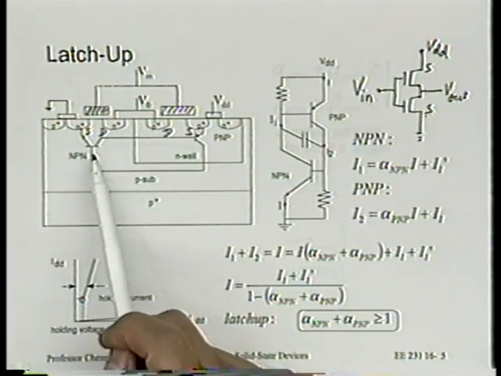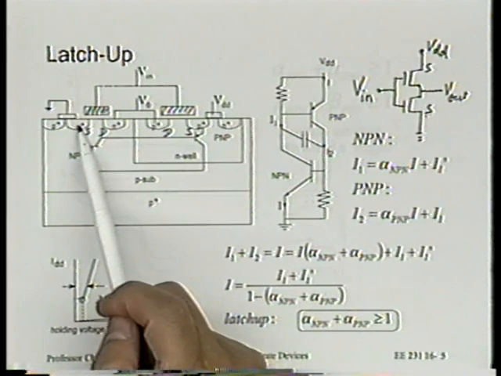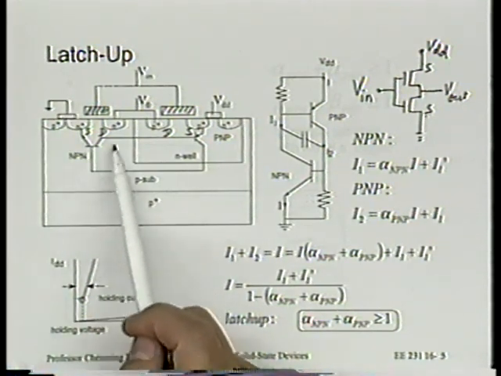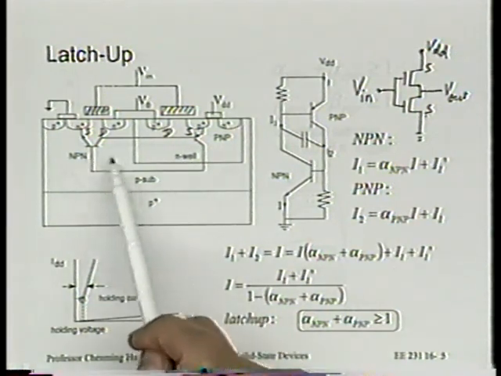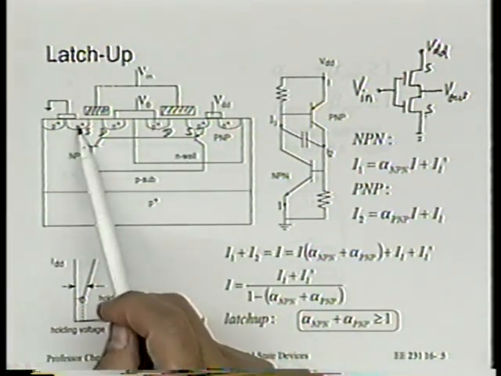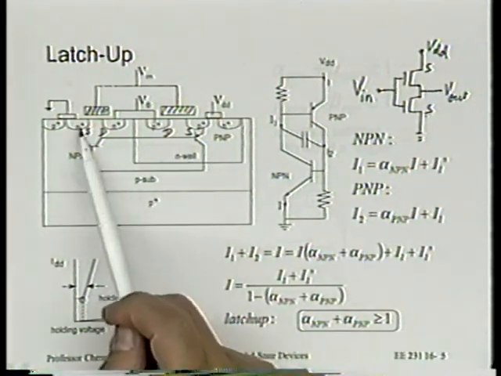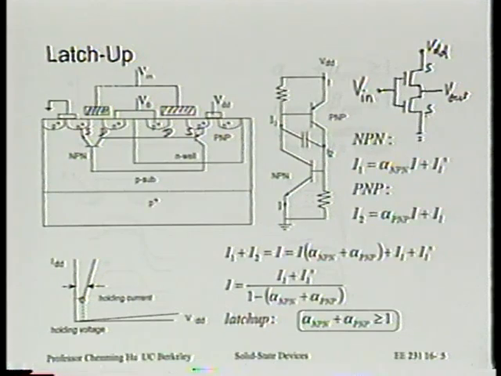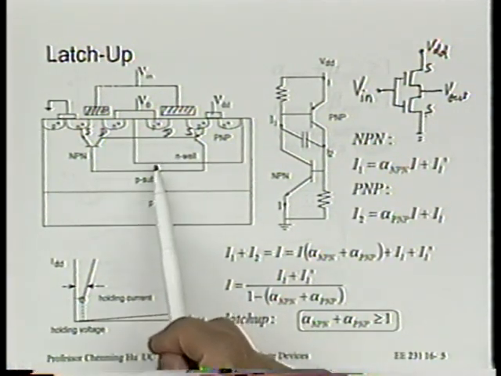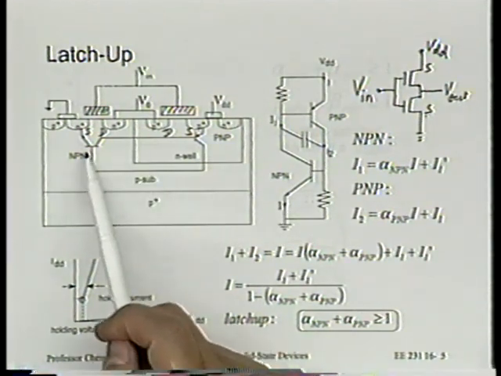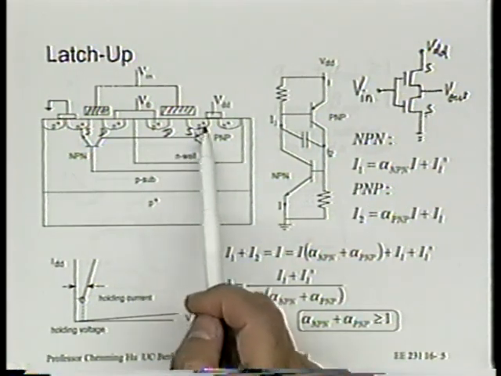Also, there's a lateral NPN transistor made of the N plus source, which is connected to the ground, the P substrate, and the N well. What's interesting is that this well serves both as the collector of the NPN transistor as well as the base of this PNP transistor.